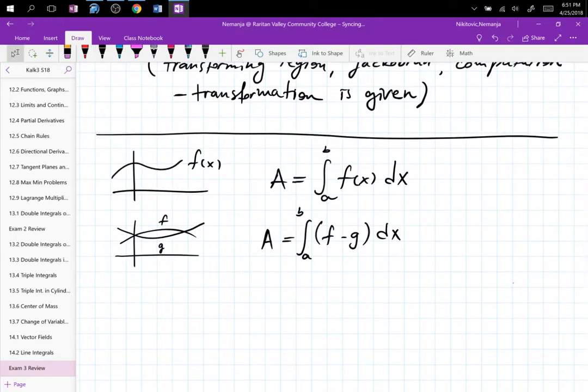Now what we are going to do is upgrade this to a double integral. You can take the double integral from a to b and then from g to f of dA.